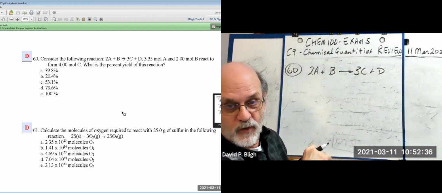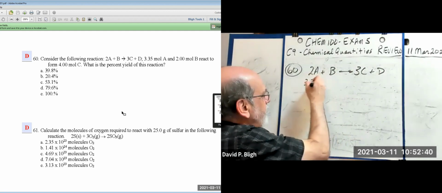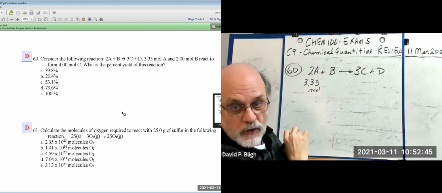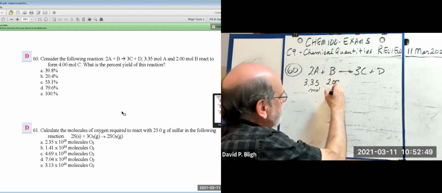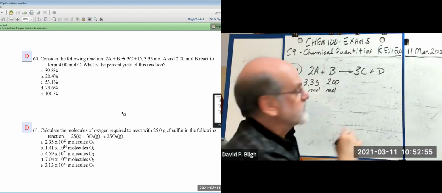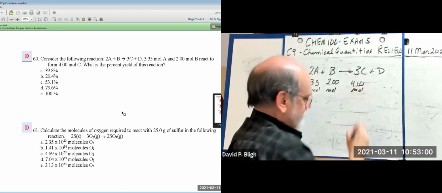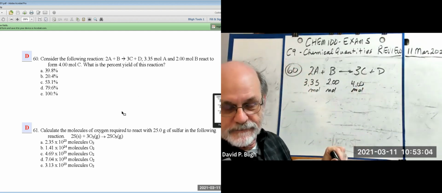We have to take their word for it. 3.35 moles of A and 2 moles of B react to form 4 moles of C. What's the percent yield of this reaction?